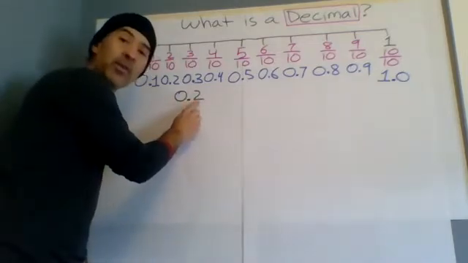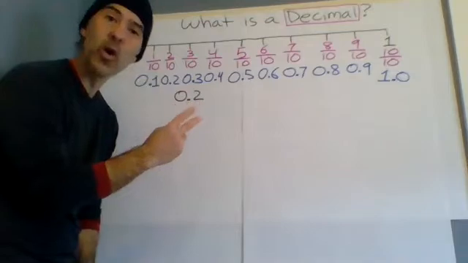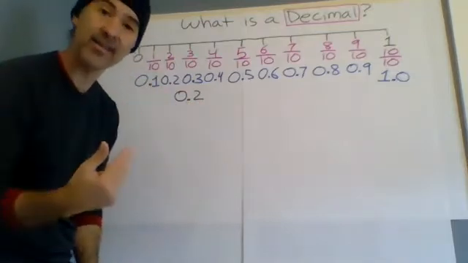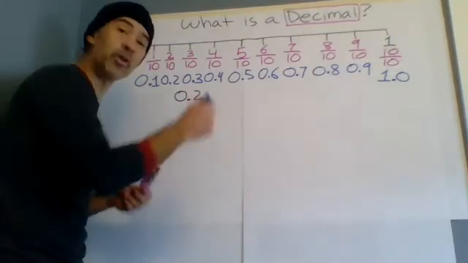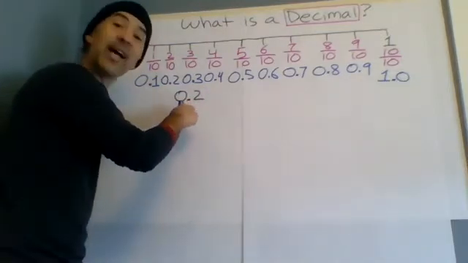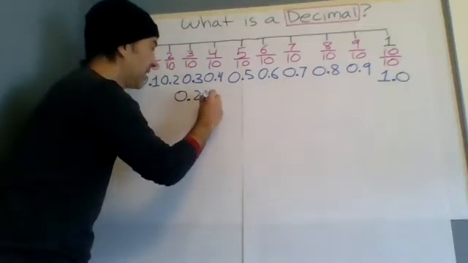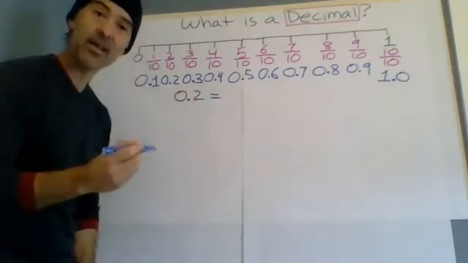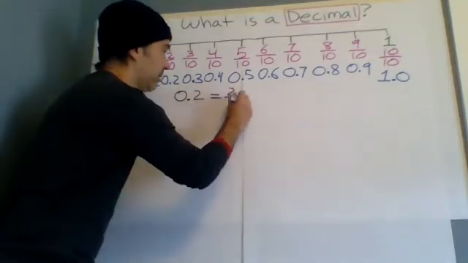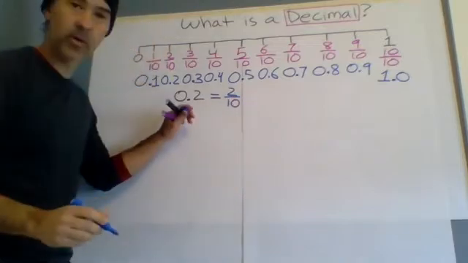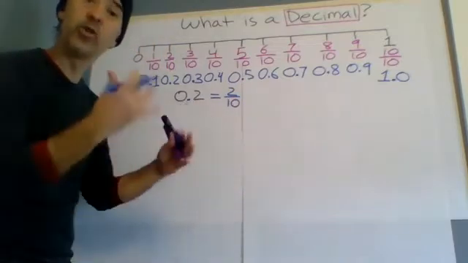How many parts am I using? 2 of the 10, 2/10. So I can represent my decimal as a fraction. This is the same as 2/10. 0.2 is equal to 2/10.